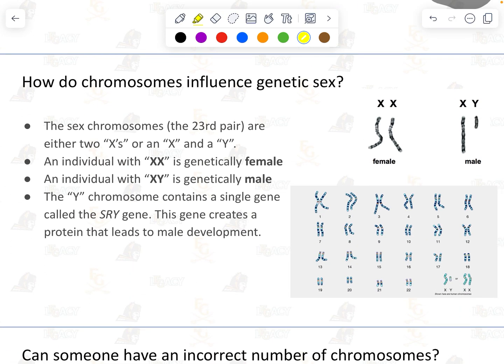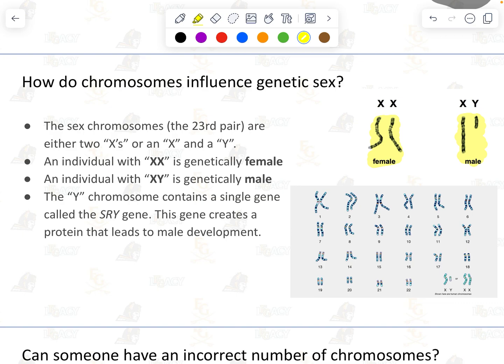So how do chromosomes influence genetic sex? Well, those sex chromosomes, the 23rd pair, you can have either two X chromosomes, and if that's the case, you would be genetically female. If you have an X chromosome and a Y chromosome, then you are genetically male.